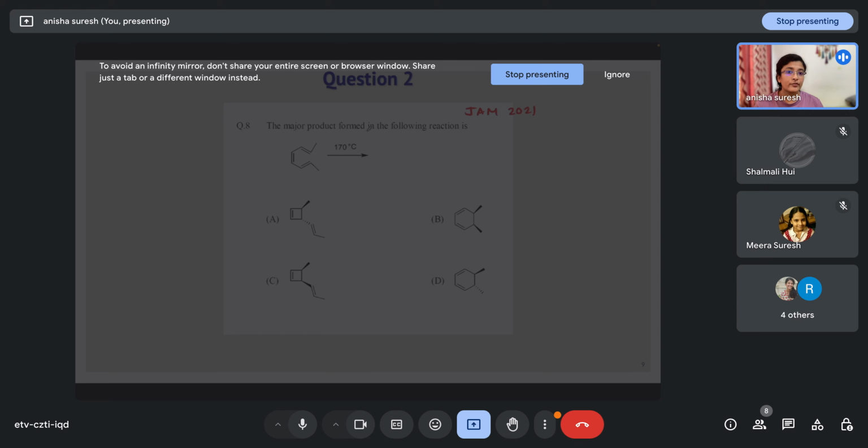So the major product formed in the following reaction is, so it is a thermal condition and it is 6 pi electron system, that is 4n plus 2 system. It is B. Option B, yeah.